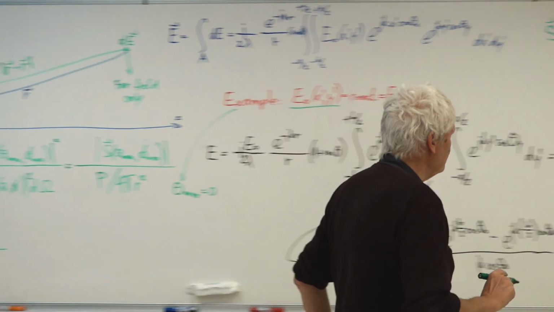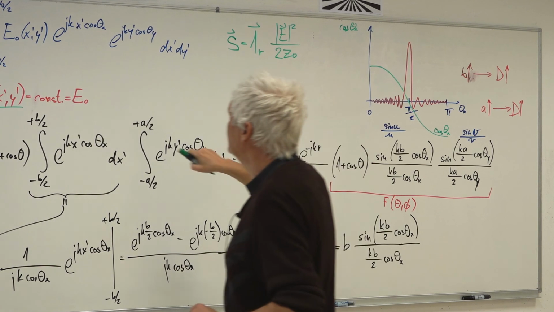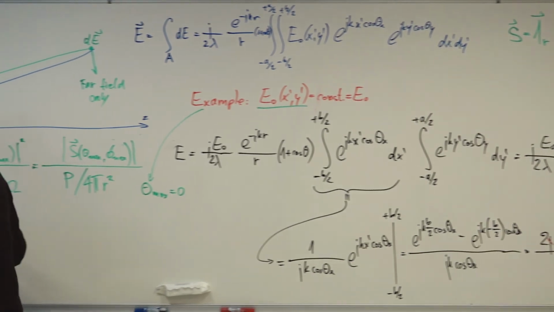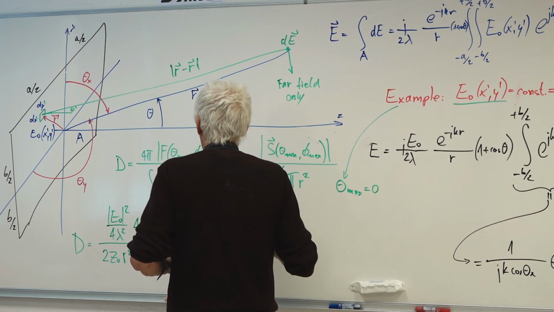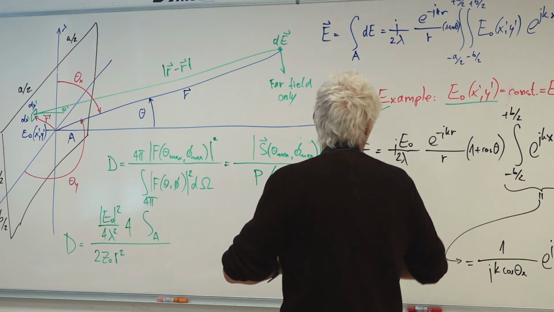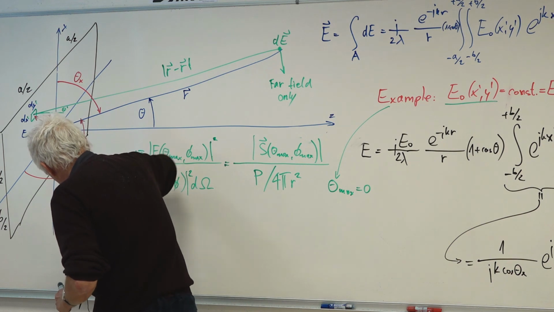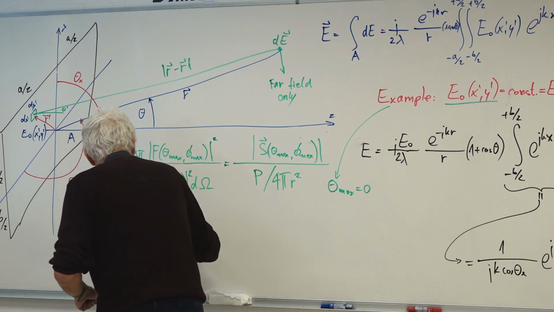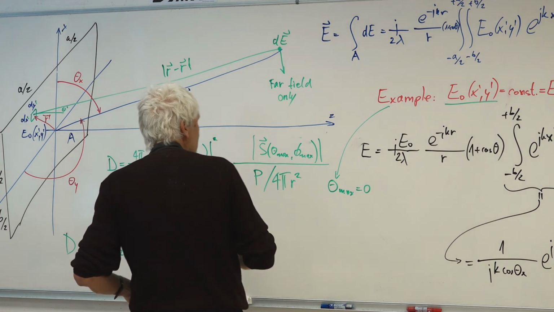Then I have the radiation pattern. The radiation pattern is actually this integral here, the integral over the whole aperture. Here I already made the assumption that it is constant. If I don't want to have it constant, I have to write here 1, and I have to have E0 of x prime y prime in the integral.